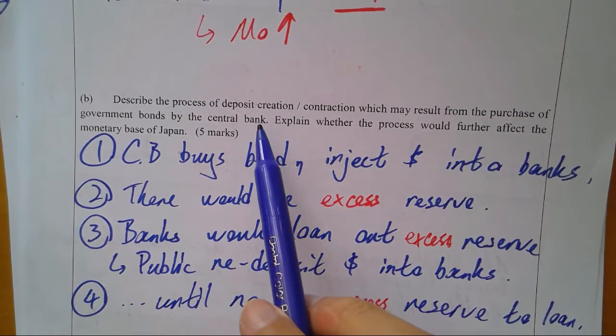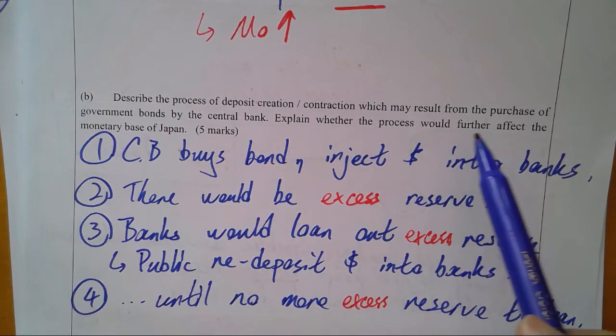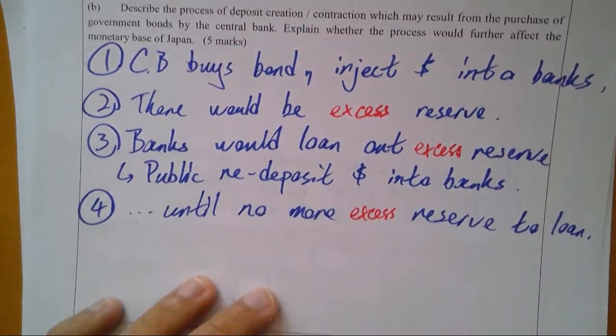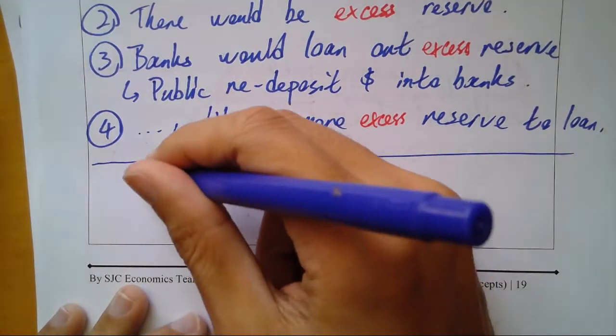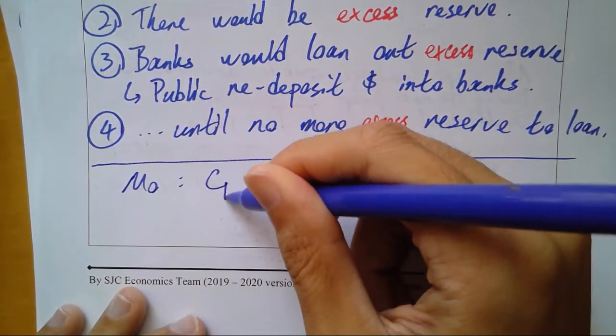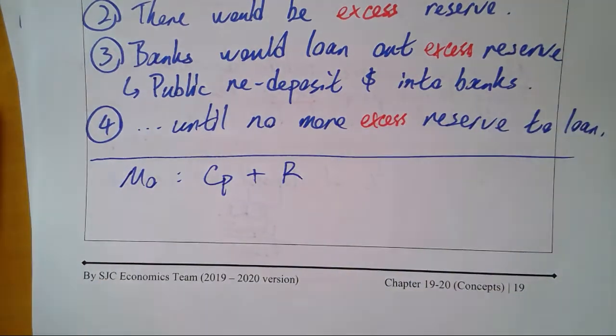嗱，未答完嘅。Explain whether the process would further affect the monetary base. Okay, now remember, again, M0 equals to CP plus reserve.